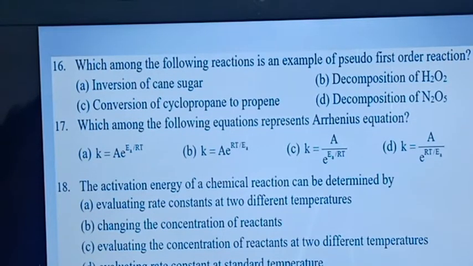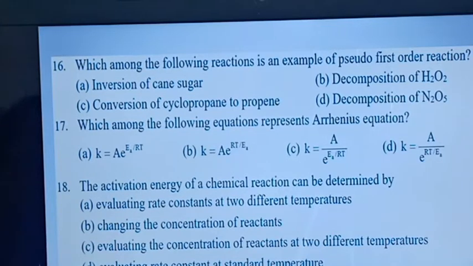These are the four different options given, and he is asking for the pseudo first order reaction. So first of all, conversion of cyclopropane to propene is a type of organic reaction, doesn't come under this category.